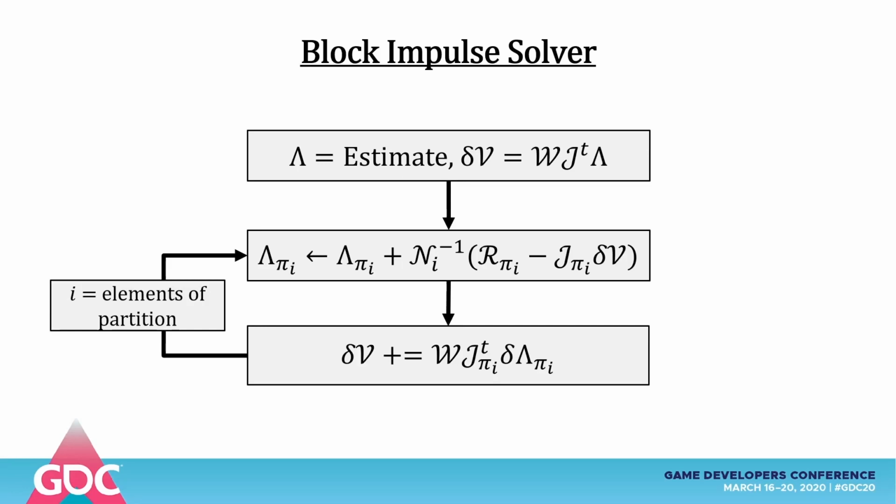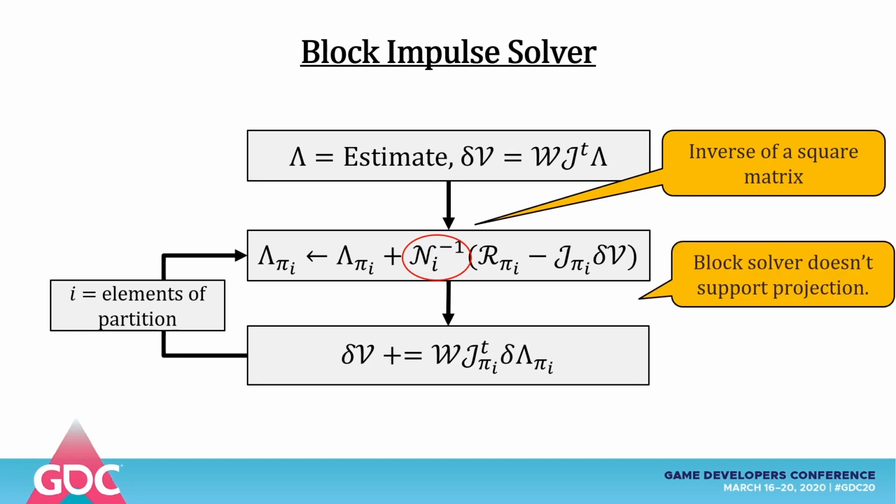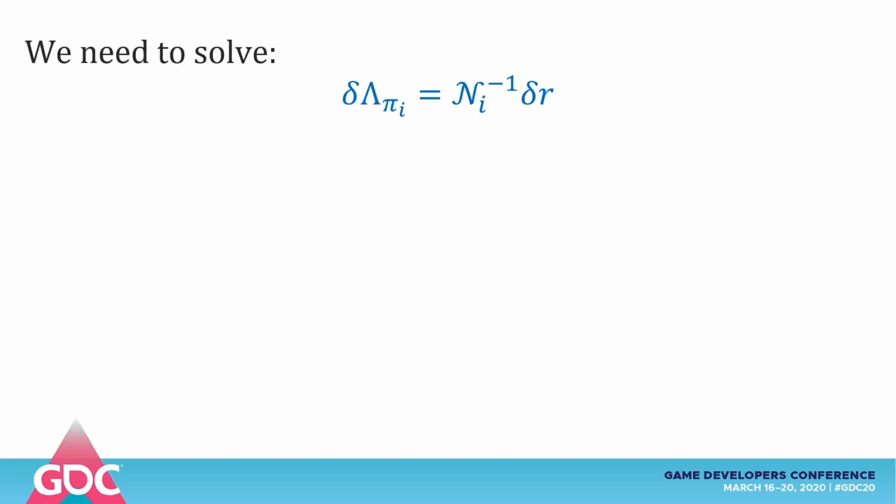Two things to note. In the block impulse solver, we need to compute the inverse of a square matrix, Ni, which might be expensive depending on the size of the block. Also, the block solver doesn't support projection, so this can only be used with equality constraints. In the block version of the impulse solver, we need to evaluate the inverse of the node matrix times a vector.